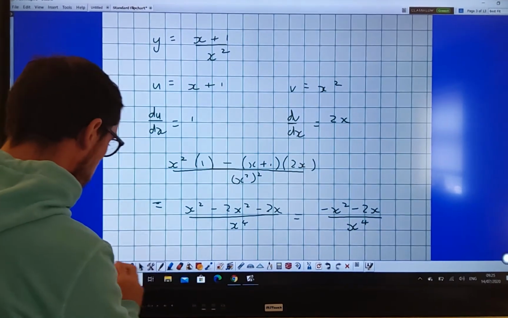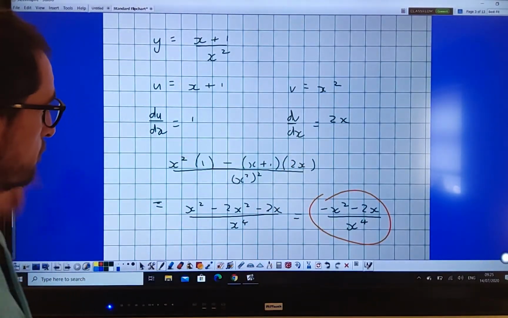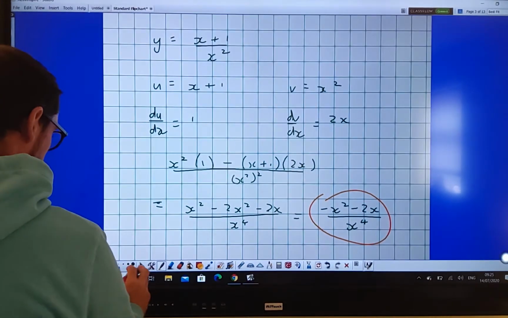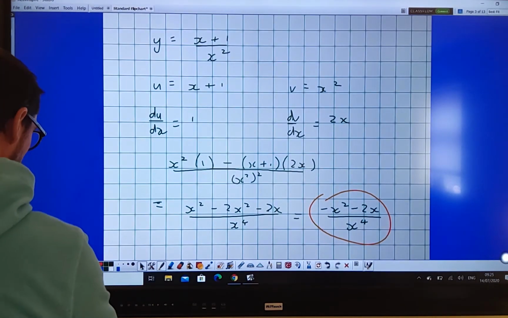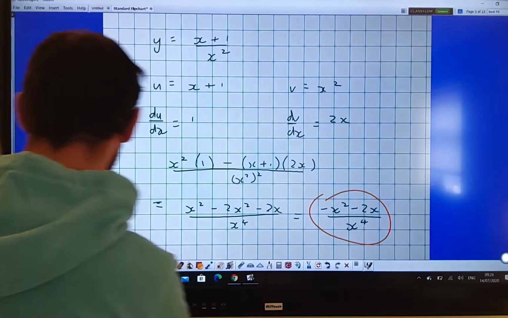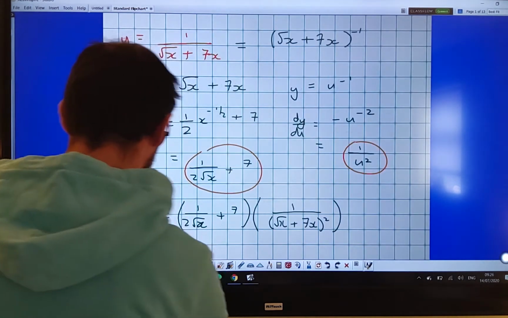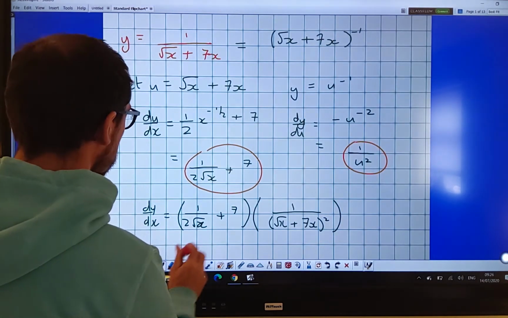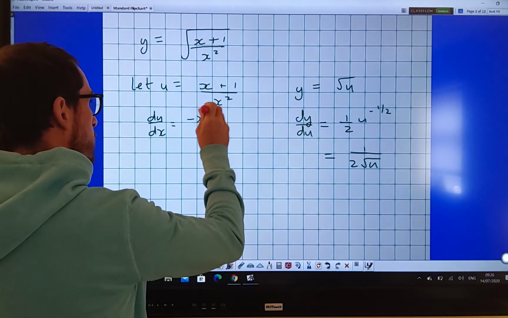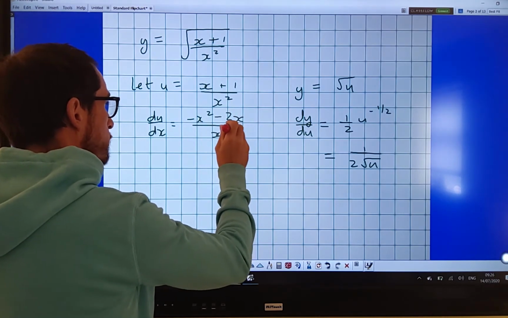So this is my answer here, and this is what I need to bring over to the previous page. So it's minus x squared minus 2x all over x to the power 4. Put it in here, and we have minus x squared minus 2x all over x to the power 4.